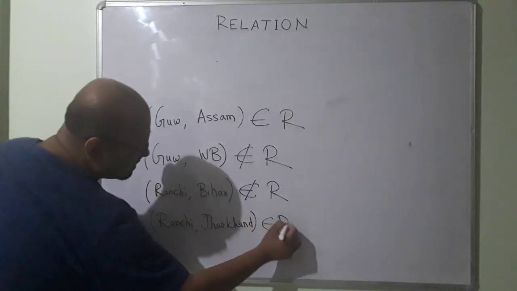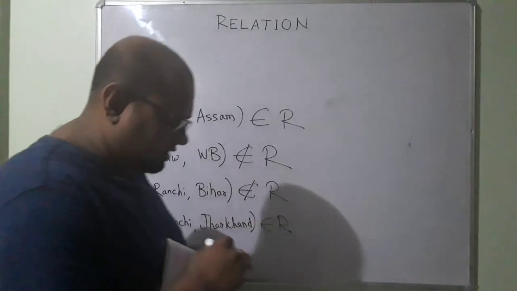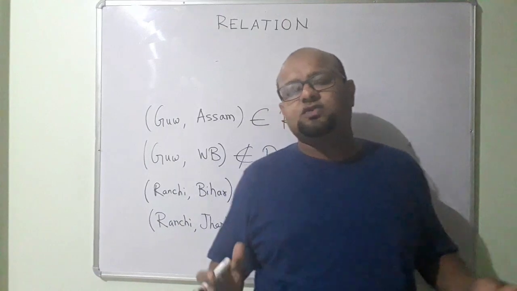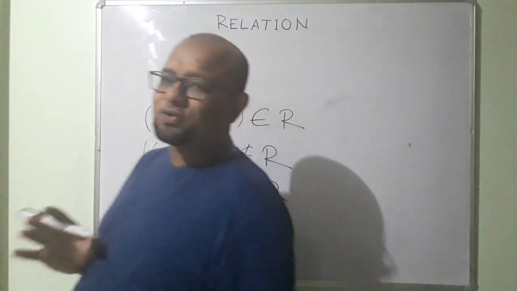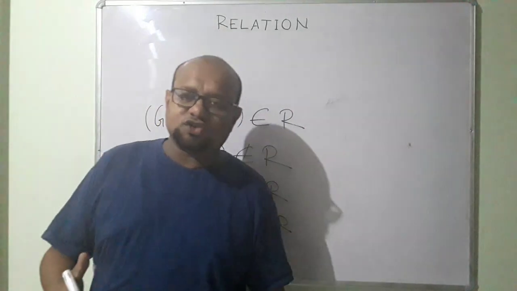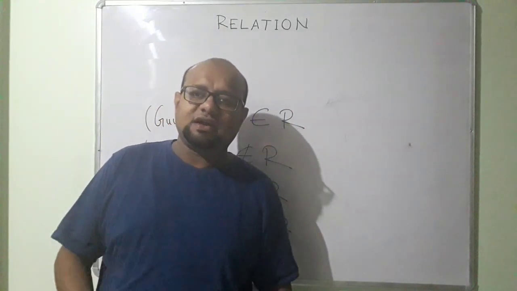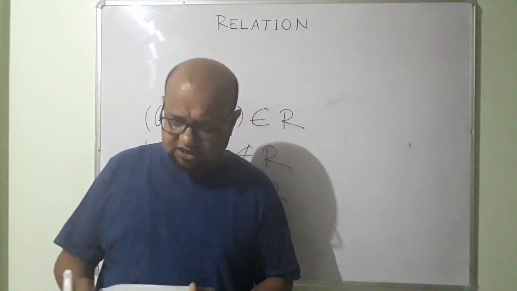This will belong to the relation. Alright. So, yeah, this is what we have. This is what relation means. Don't think too deep about it. It's a very simple concept. There is no caveat as such. So, this is what relation is.